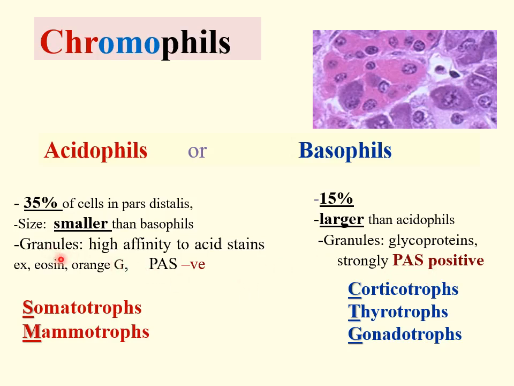But the granules inside acidophils are protein only, containing no carbohydrate, so they are PAS negative. This is the comparison between the acidophils and basophils. Acidophils are divided into somatotrophs and mammotrophs, and basophils are divided into corticotrophs, thyrotrophs, and gonadotrophs.